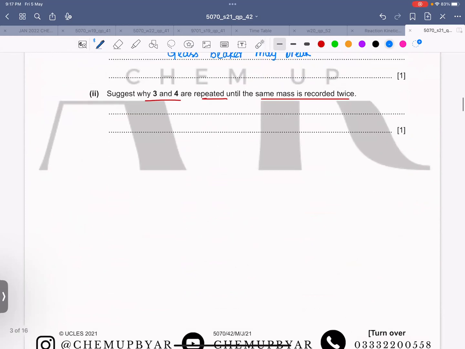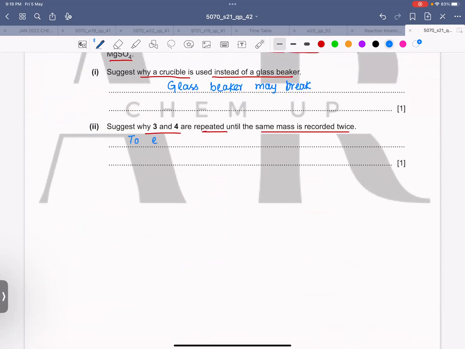So here we will write to ensure that all the water is removed. Is this clear to everyone? Yes, sir, clear.